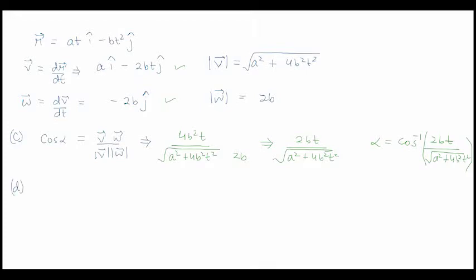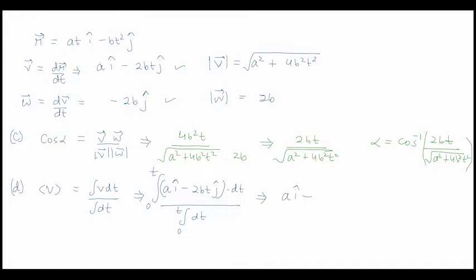The average velocity is written as integration of v dt upon integration of dt. Writing the velocity vector which we have obtained, it is integration of (a i cap minus 2bt j cap) dt upon integration of dt, taking time from 0 to t. The denominator becomes t, and on solving we obtain a i cap minus bt j cap.